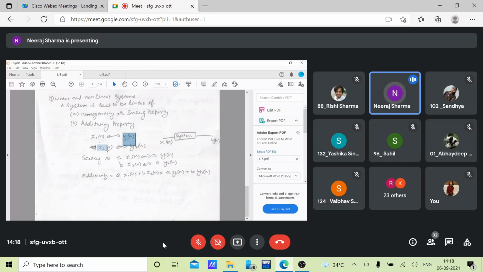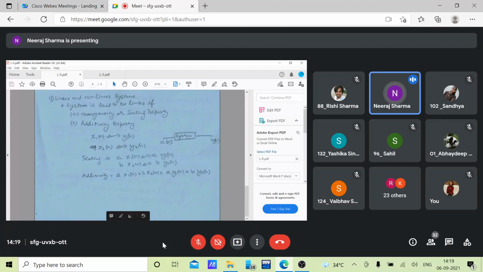Due to another input applied at instant n2, the input signal is x2[n], and the output is y2[n]. So these are the two inputs we are considering, and against them we have two individual outputs, y1 and y2. Now, what is the scaling property?